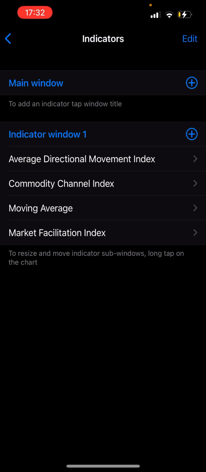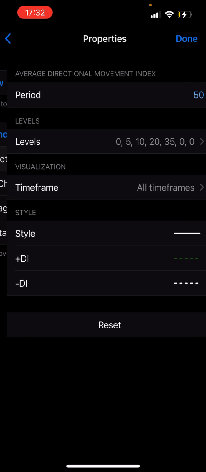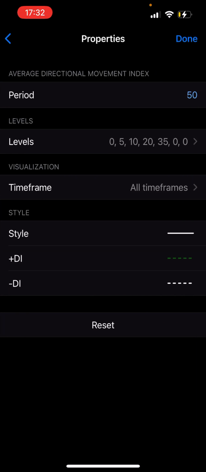So now these are the indicators. The first indicator I'm using is the Average Directional Movement Index. The settings for it are period 50, levels 0, 5, 10, 20, 35. For the style, use the color of your screen. You can see my screen is white, so I'm using white.